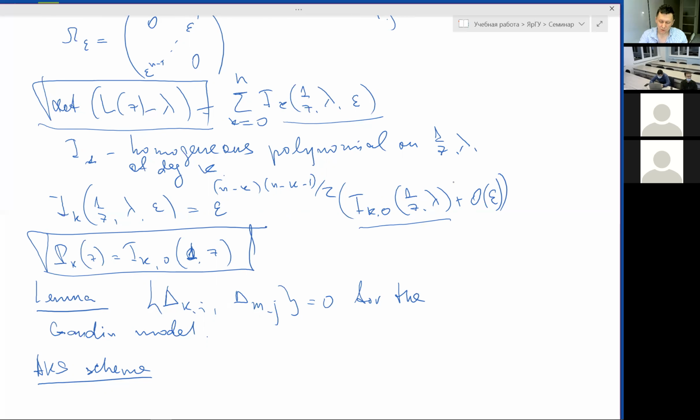Sorry, what are Gaudin Hamiltonians? Gaudin Hamiltonians are the coefficients of its spectral curve. With respect to epsilon? For every value of epsilon. And why do they commute? It's some result from the theory of Gaudin model. Oh, so this is just a kind of black box.